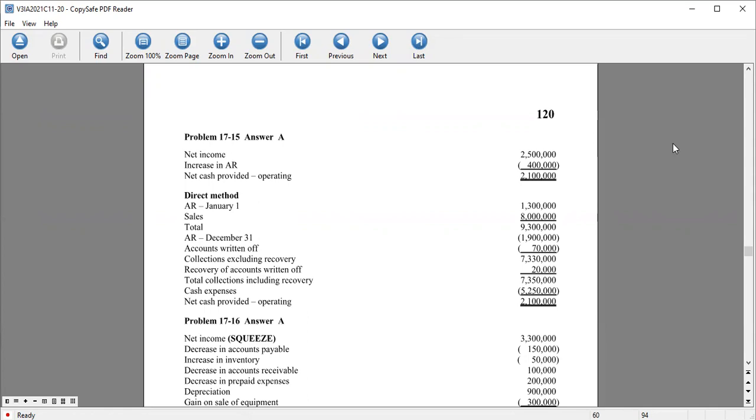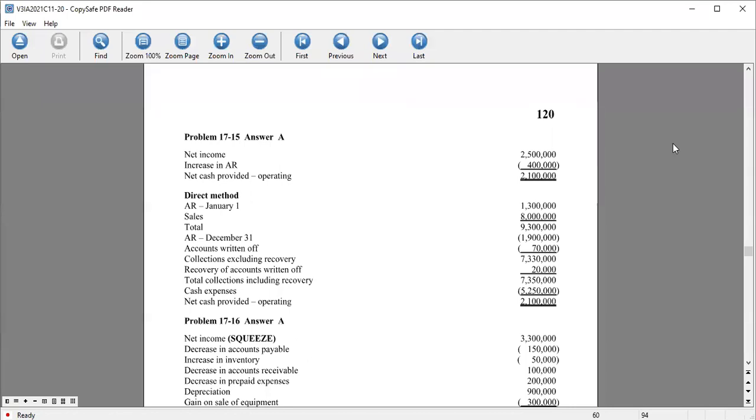Using the direct method, now to prove, you have the accounts receivable on January 1 for 1,300,000, and we have the sales of 8 million, and we have now to add sales and accounts receivable beginning. Then we have the total.